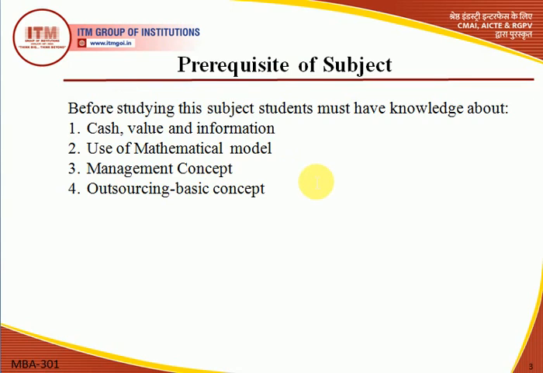Likewise, there is the topic of economic order quantity. In economic order quantity, there are various models of EOQ, and there are various numericals that we are going to solve by using these models. So a student must have knowledge about what mathematical models are and how to solve them. The third thing is management concepts. As you all are management students, these management concepts are very well known to you.